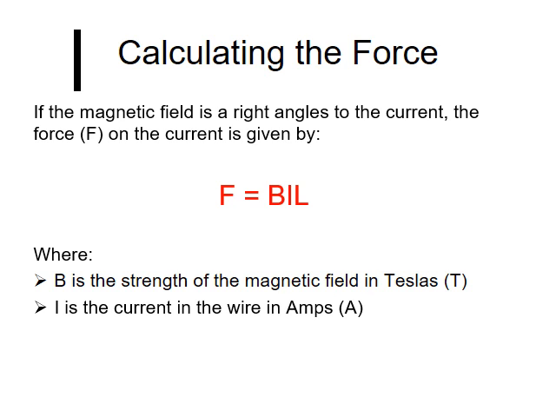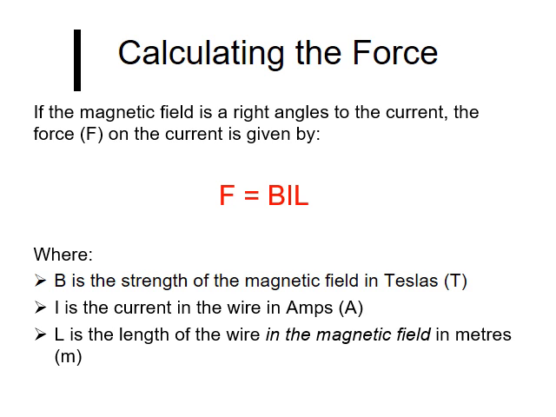I is the current in the wire, given in units of amps, which we've gone through previously in other lessons. And L is the length of the wire in the magnetic field in meters. Now it's important to note that it's the part of the wire actually inside the external magnetic field that we're considering, not the entire length of the wire.